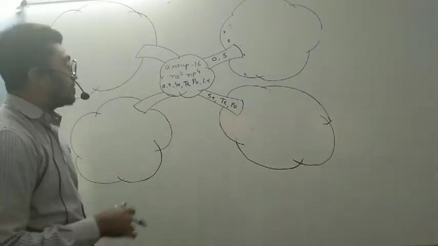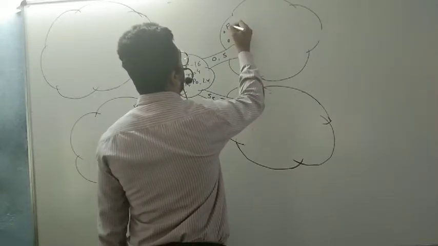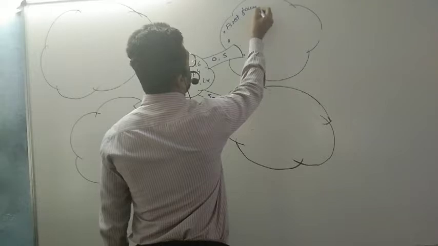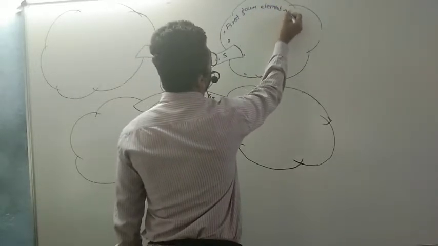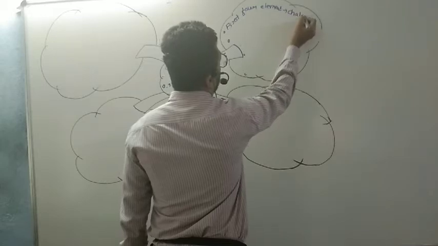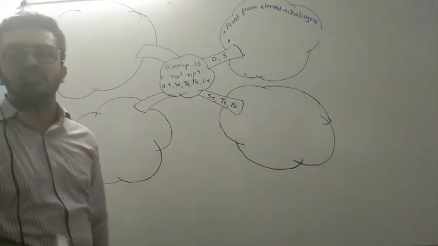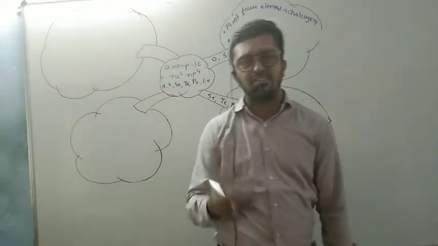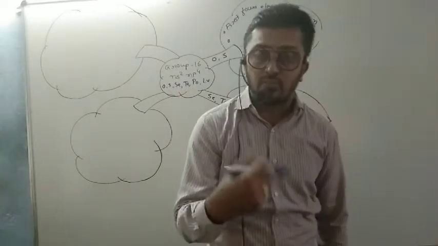Group 16 has these elements, but an important piece of information is that the first 4 elements together are known as chalcogens. Remember this important point. This is very simple, and I think it is not necessary to revise it, because this is general information.